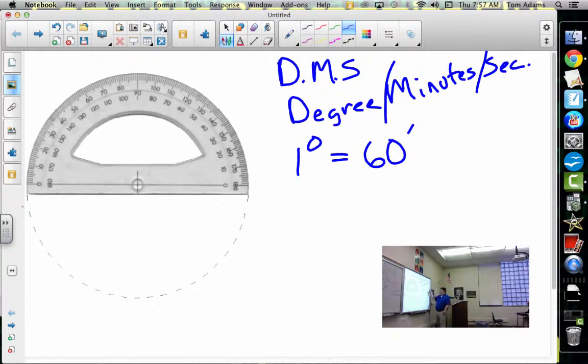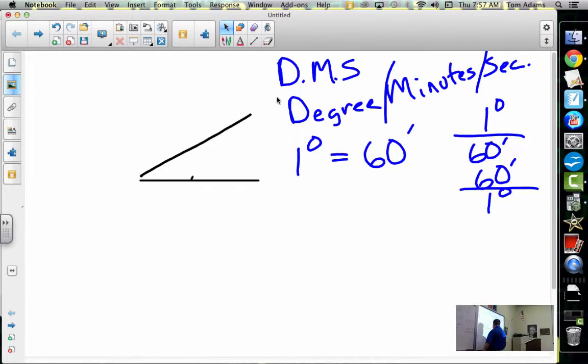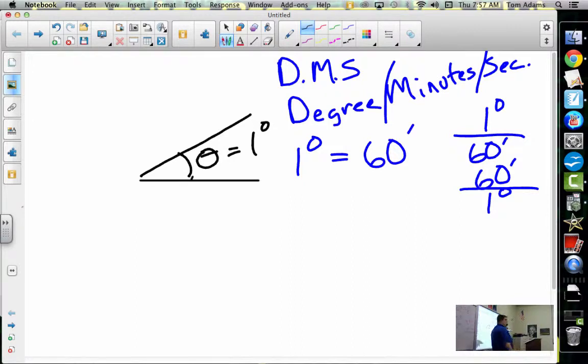And the conversion factor for that would be 1 degree over 60 minutes or 60 minutes over 1 degree. If this measurement here is equal to 1 degree, a minute would be 1/60 of it. If I were to take that slice of pizza and slice it up into 60 small slices, that would be 1 minute.